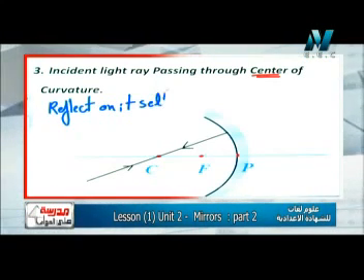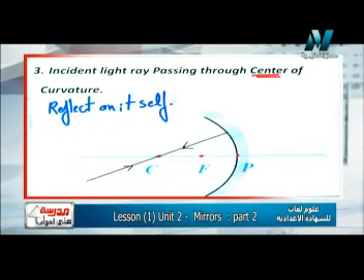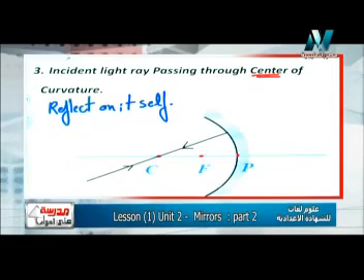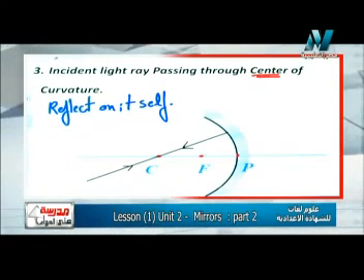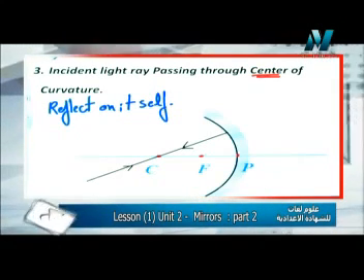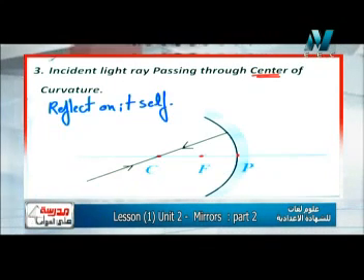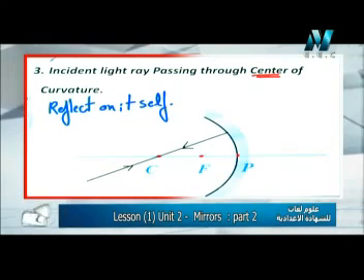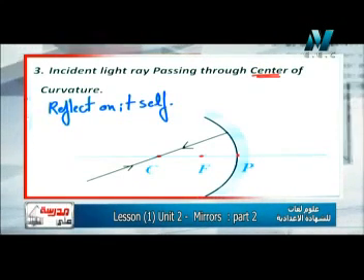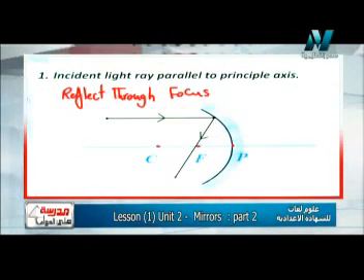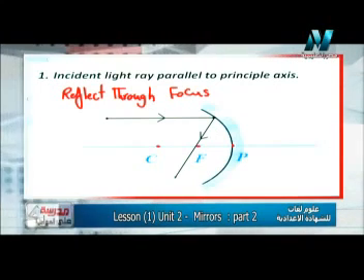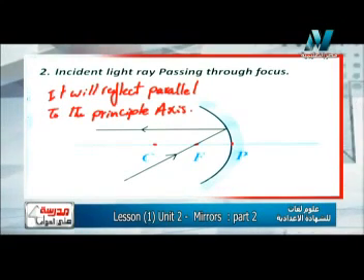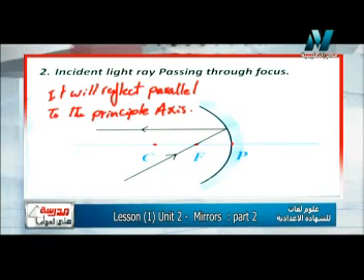So we should remember the three cases here, dear students, to mention the behavior of the light rays through the concave mirrors. Okay, some students maybe ask me, why do we study these rules? Number 1, incident light ray parallel to the principal axis reflects through focus. Number 2, incident light ray passing through focus will reflect parallel to the principal axis.